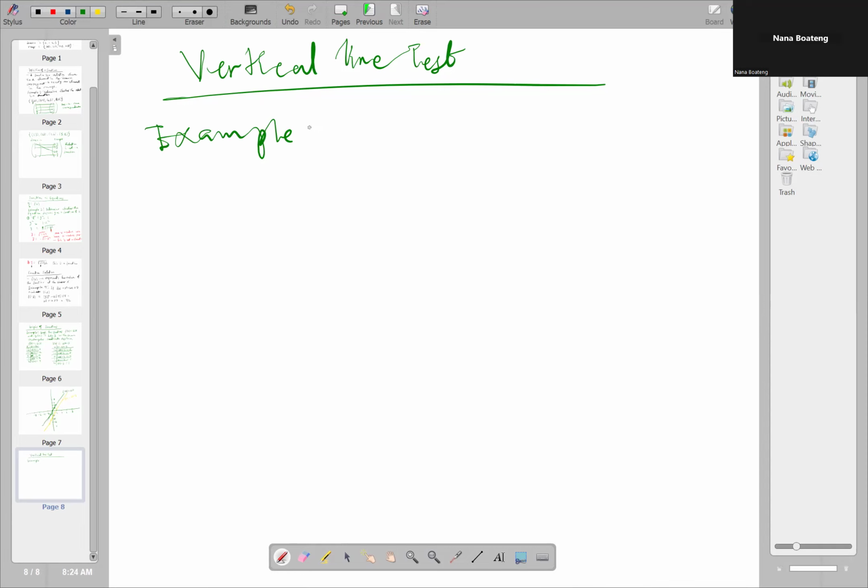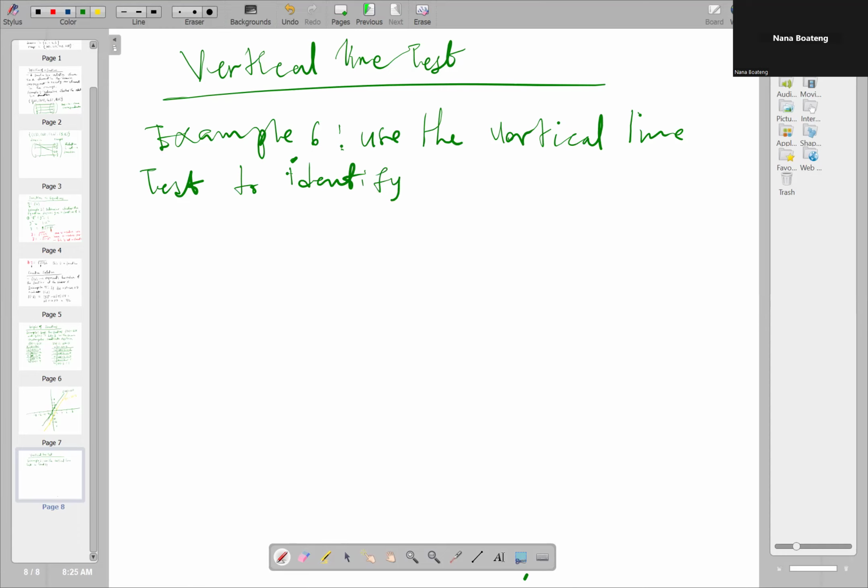So this is example 6. It says use the vertical line test to identify graphs in which y is a function of x.